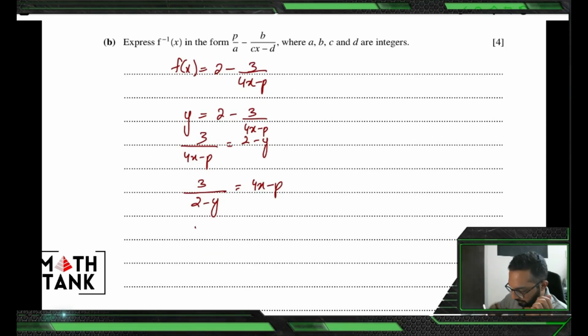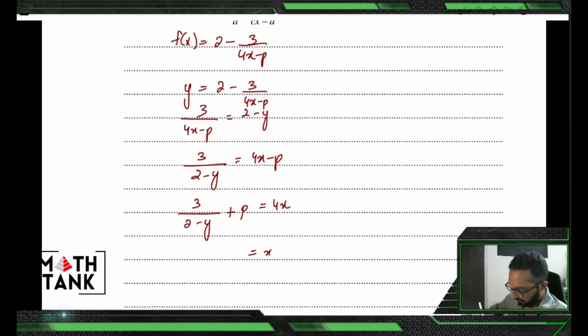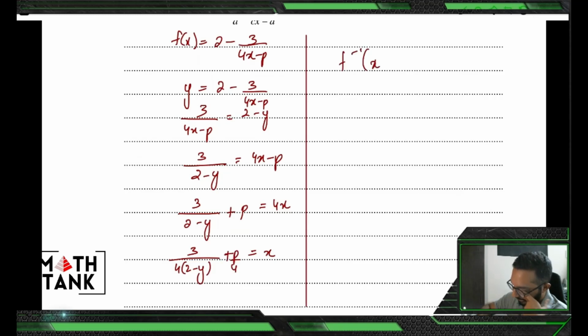I can move p to this side, and then divide by 4. So both of these divided by 4. Then what happens is the f inverse of x replaces x, and the y gets changed to x again. So I get p over 4 plus 3 over 4 into 2 minus x.